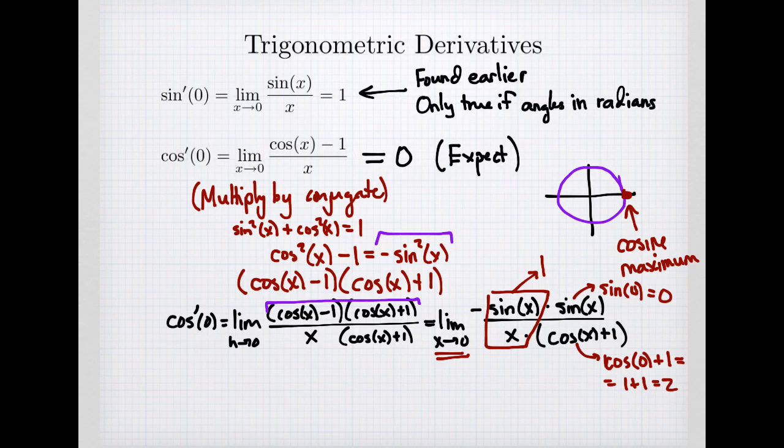And so this fraction converges to negative 1 times 0 over 2, which has a value of 0. And so we found the limit of the cosine. We verified that cosine's derivative at 0 is 0. We are, in fact, at a maximum.